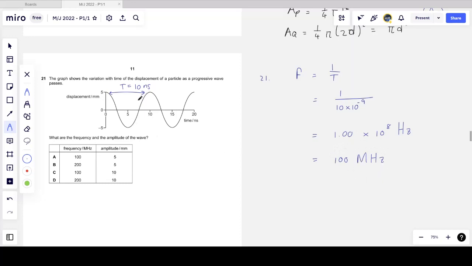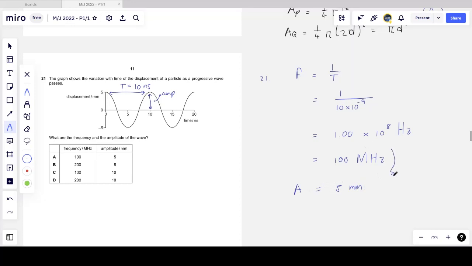And amplitude is the maximum displacement. Maximum displacement is from the equilibrium point to a crest or a trough. And so this amplitude is easy to read off. It's 5 millimeters. So if I label that capital A, the amplitude is 5 millimeters.